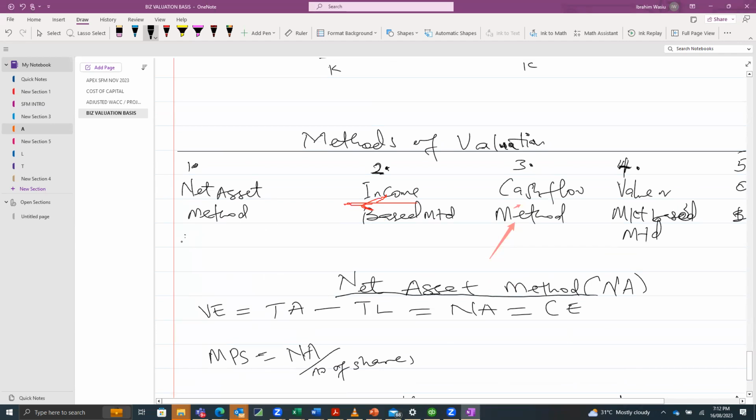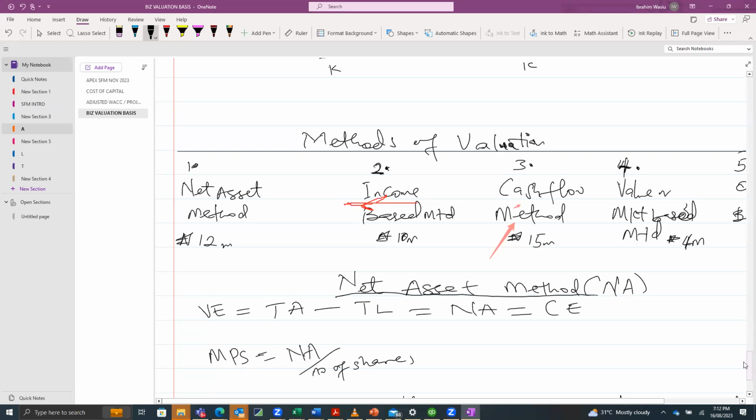Let's say after valuing each of the methods, the value of the company according to net assets is 12 million. Income base says 10 million. Cash flow method says 15 million. Value-based method says 4 million.